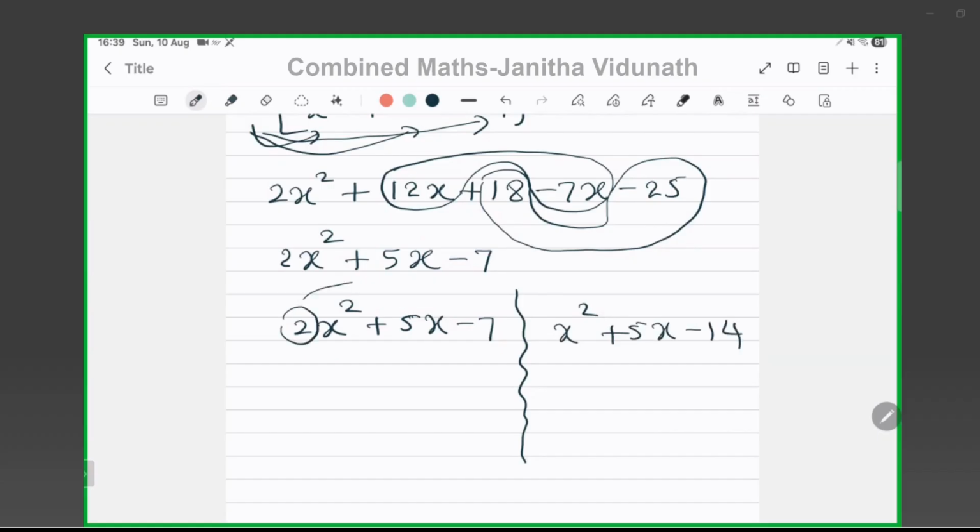Here we give this 2 to this. Then we factorize this.